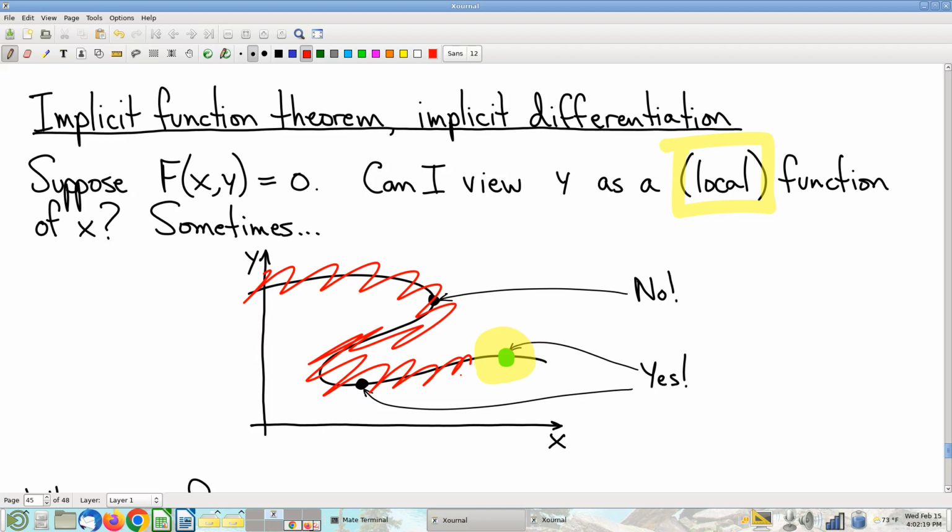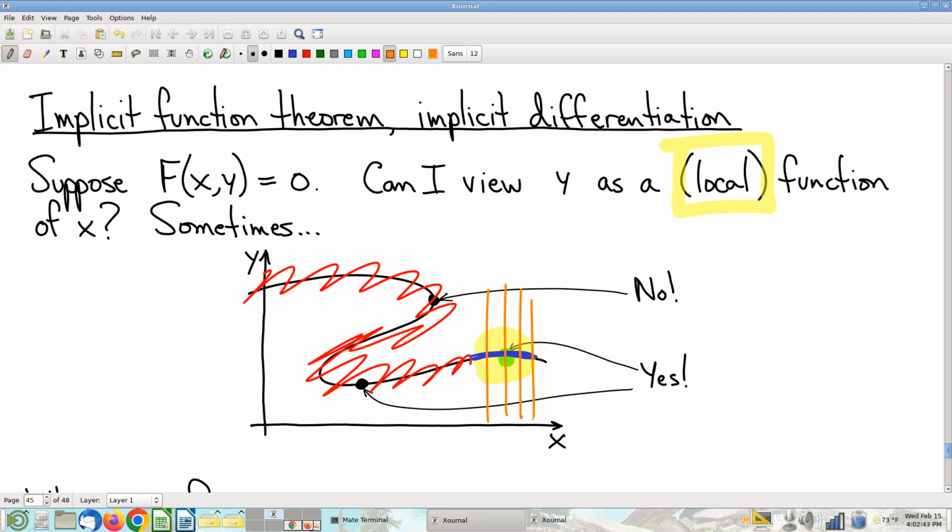And so with this local modification in mind, the curve that actually remains after I've thrown a bunch away, it's just this little piece of blue curve right there. And that little piece of blue curve, does that pass the vertical line test? Yeah, it passes the vertical line test, no problem. So fine.